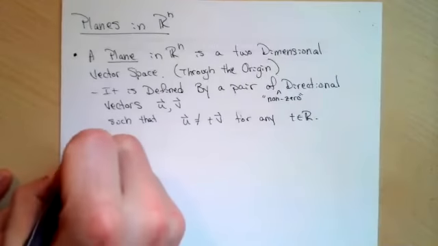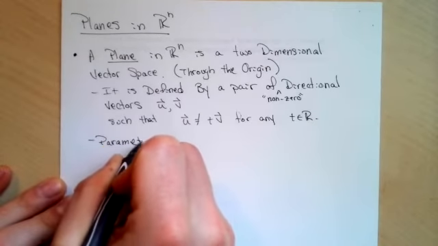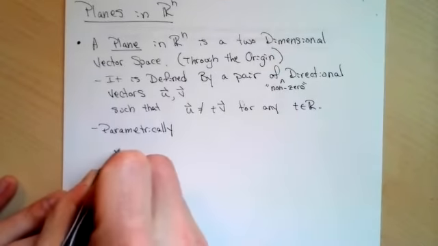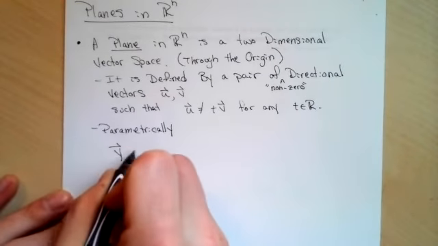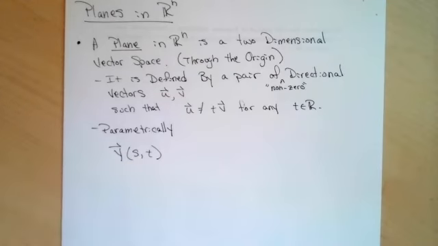So parametrically, we might define something like our y. It's now a two-parameter family of solutions. So we saw some examples when we're looking for these solutions of systems of linear equations.